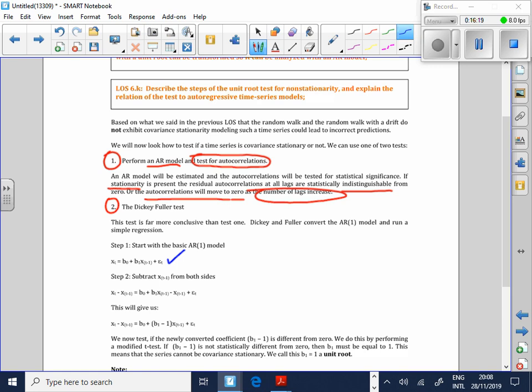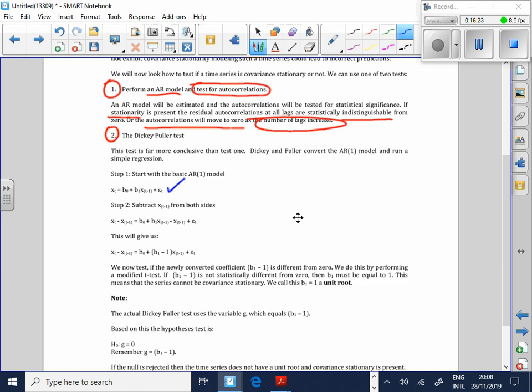Step 2, you do a bit of a conversion, so you've converted or transformed the data somewhat. And now you just test for this.